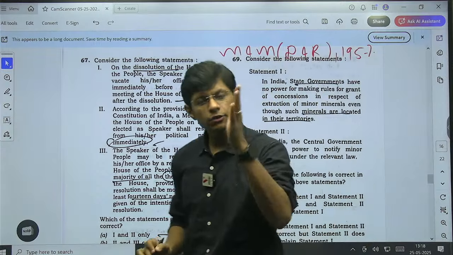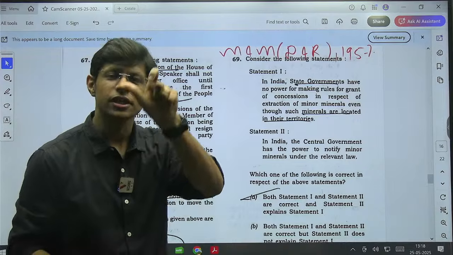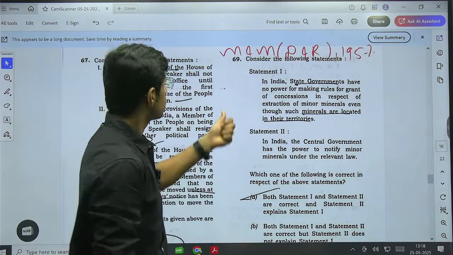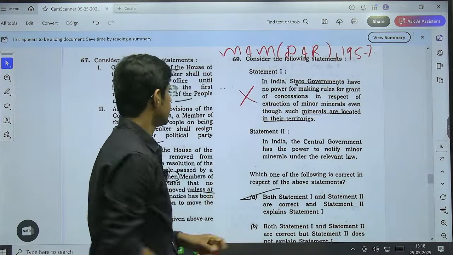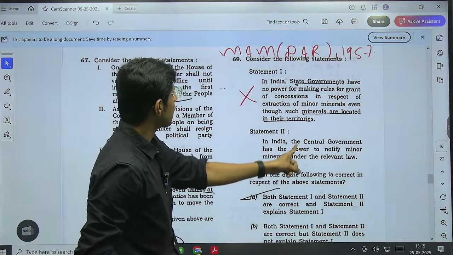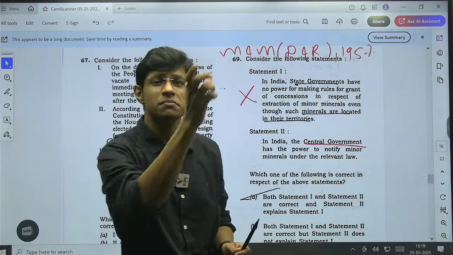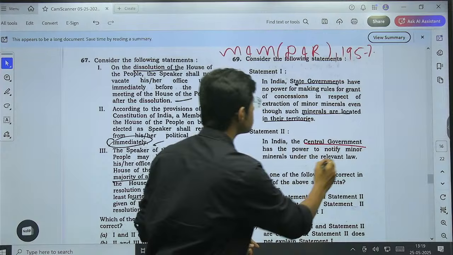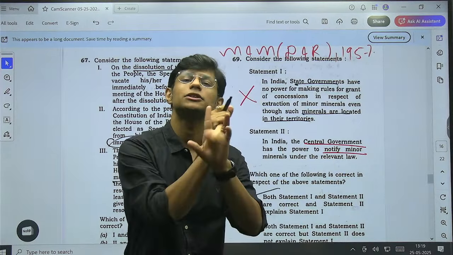This act gives the state government power to regulate and administer the minerals. So here it says that state governments have no power. This is incorrect. In India, the central government has the power to notify. Yes, the central government will only notify which are the major minerals, which are the minor minerals. But when it comes to administration, it is the state government who has got the power.